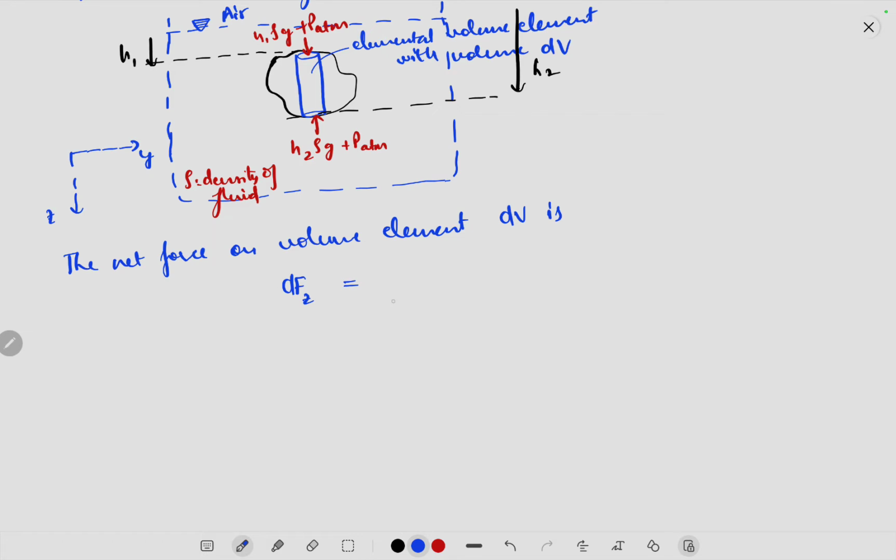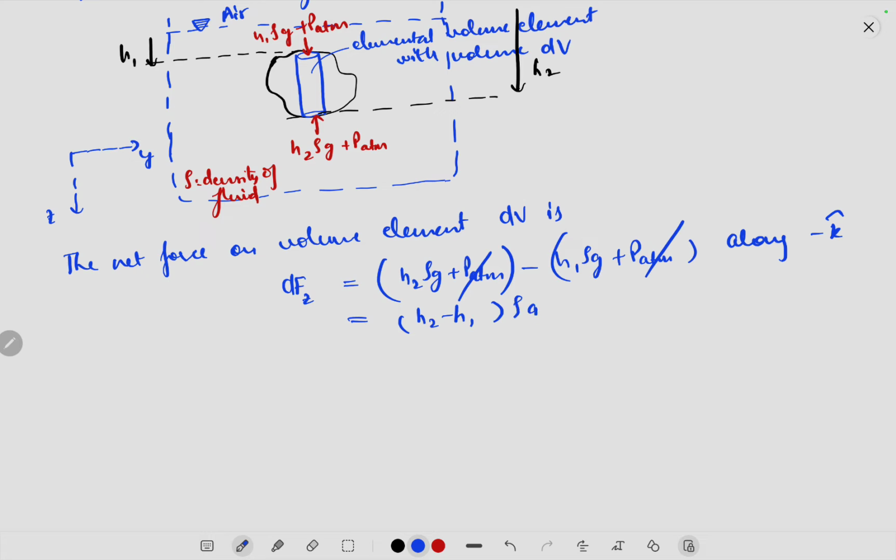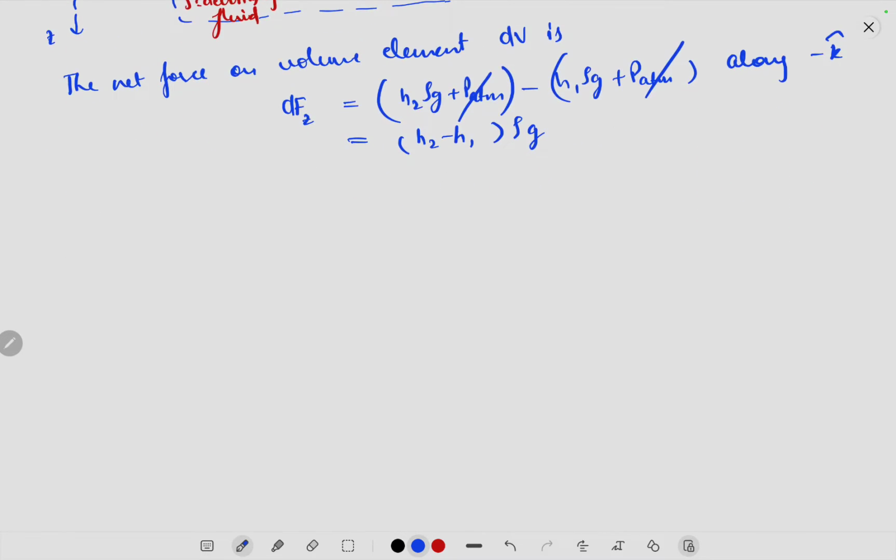So it will be dFz. It would be h2 rho g plus p atmosphere minus h1 rho g plus p atmosphere, and this will be upwards, so it will be along minus k hat direction. Let's say I'm just interested in finding the magnitude of this value. So this is dFz, along minus k hat. Just simplify this term, p atmosphere would cancel out, and this would be h2 minus h1 times rho g. Okay, correct?